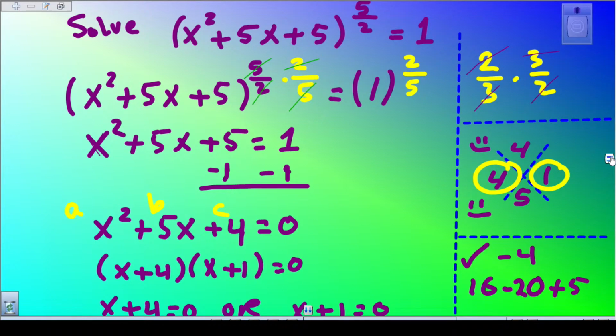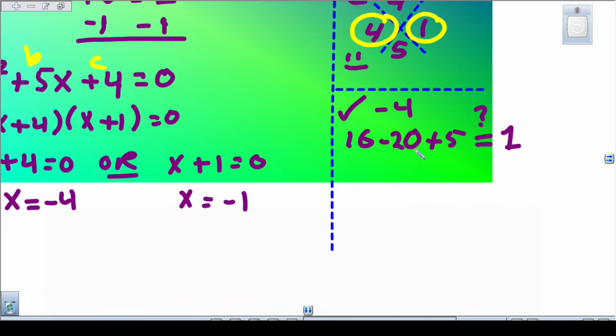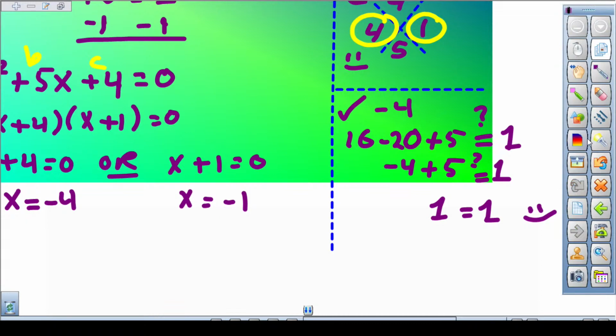And I'm asking, does this equal 1? I am not sure, Armani. I'm just going to check. Okay, let's check it out. So 16 and then negative 20, that's a negative 4, plus 5. Does that equal 1? Well, negative 4 plus 5, that's a 1, isn't it? 1 equals 1. So we're good with this guy here. Big happy face for negative 4. Now I've got to check the negative 1.